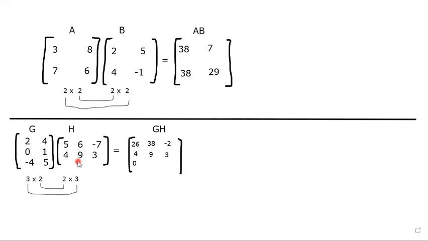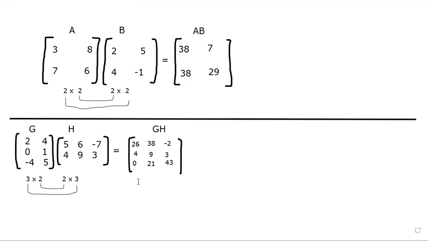That is -24 plus 45, which gives us 21. And now we have -4 times -7 plus 5 times 3. That gives us 28 plus 15, which is 43. And once again, that gives us a 3 by 3 matrix, which we predicted.